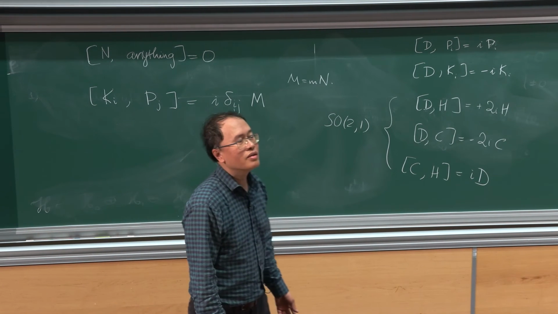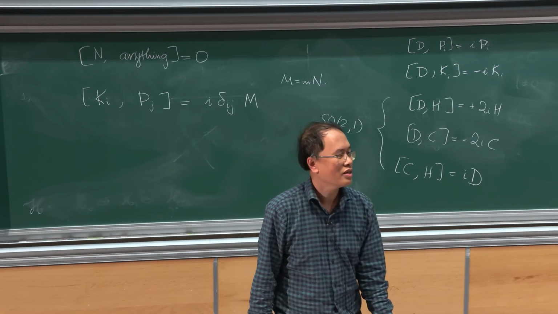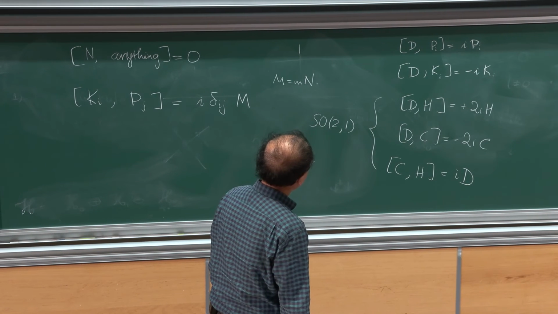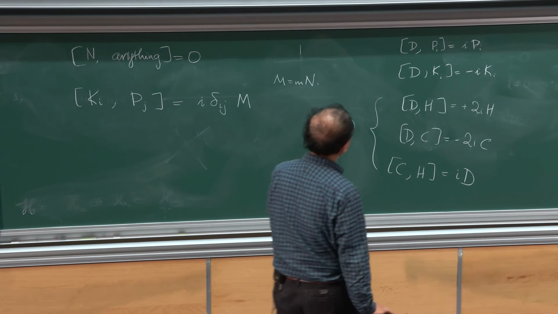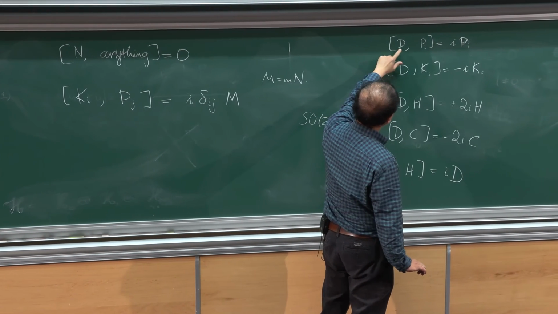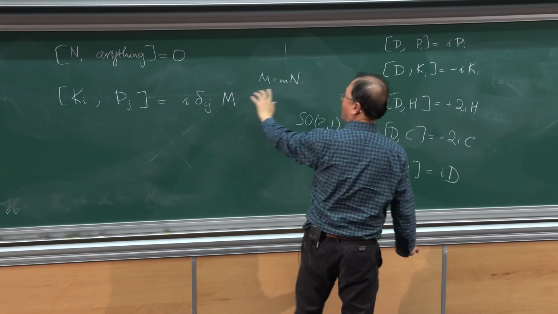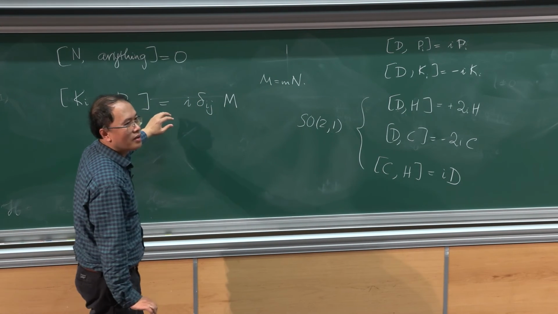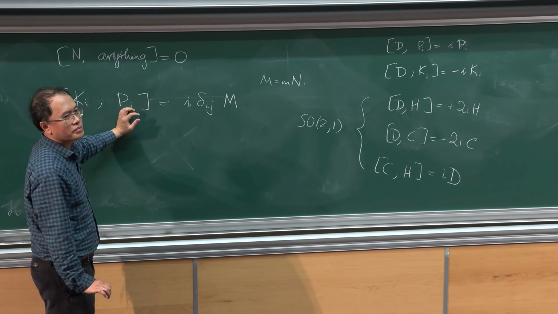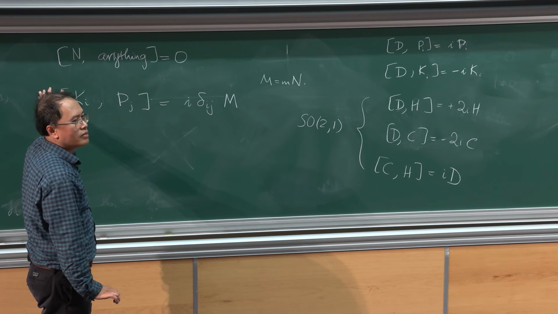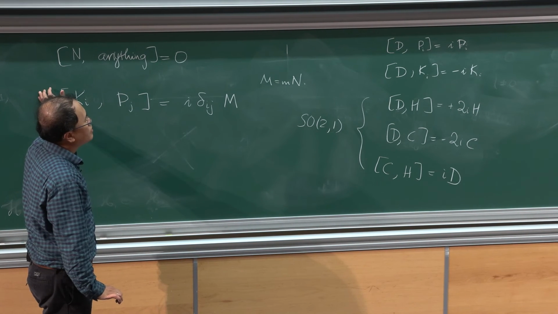Okay, any question? It seems like the scale invariant part of this, like the first three, closes. Which part? Sorry, like D, P, K and H. If we just drop the C. Is there some theorem that tells you that if you have just the scale invariant part, it can enhance to the conformal?